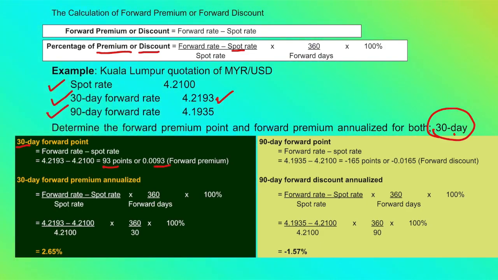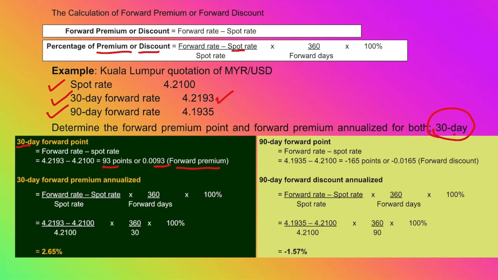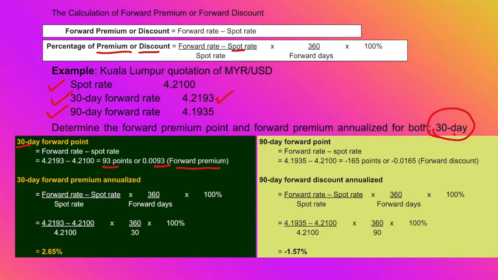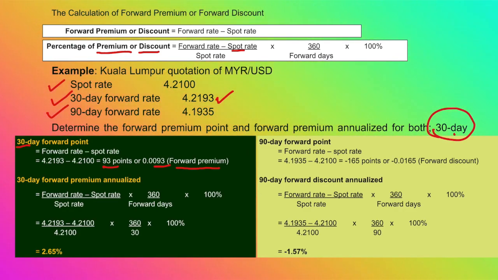This is positive value, so this is forward premium. And for 30-day forward premium annualized, forward rate minus spot rate divided by spot rate times 360 divided by forward days times 100%.